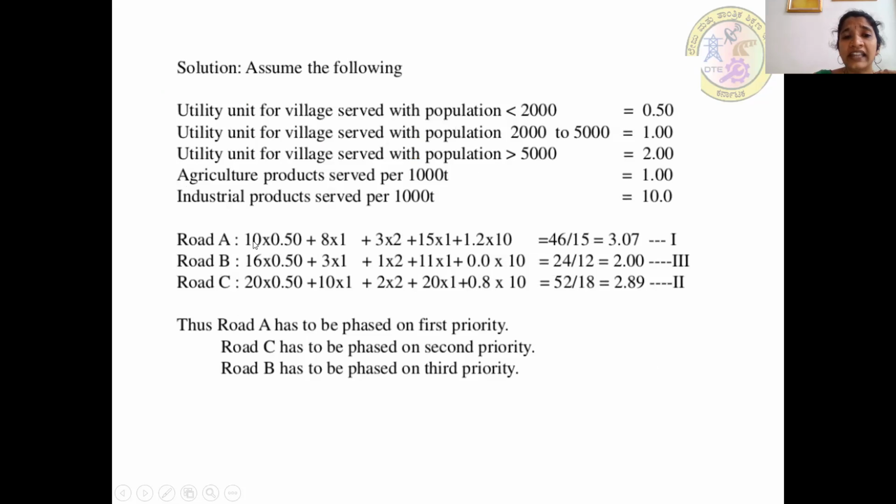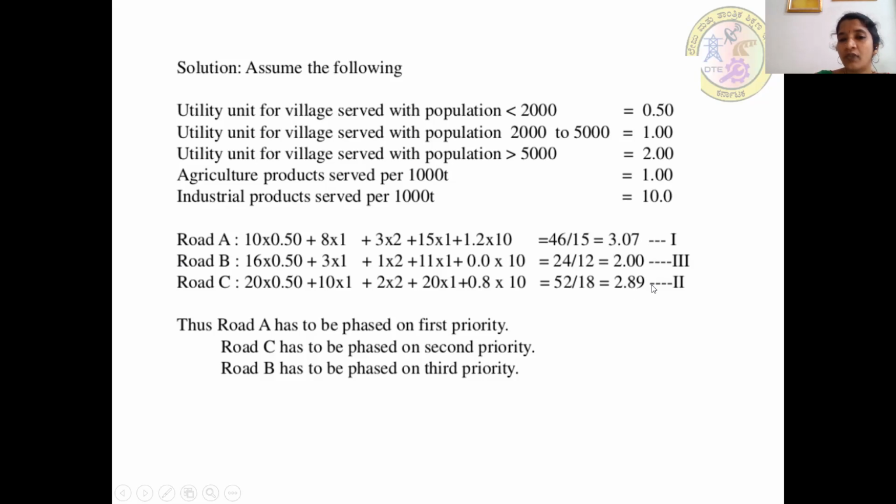These three are for population. Similarly for agriculture and industry, 15 into 1, 1.2 into 10. So the total will be 46 divided by road length, that is 50. So you will get 3.07. Similarly for B you get 2 and for C you get 2.89.